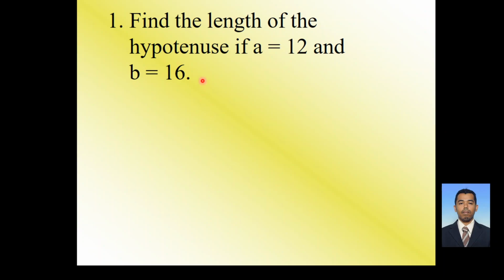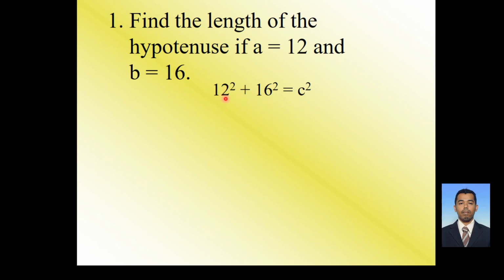Let's look at the examples. Example number 1. Find the length of the hypotenuse if A is equal to 12 and B is equal to 16. From the Pythagoras theorem, we can substitute: A square plus B square is equal to C square.